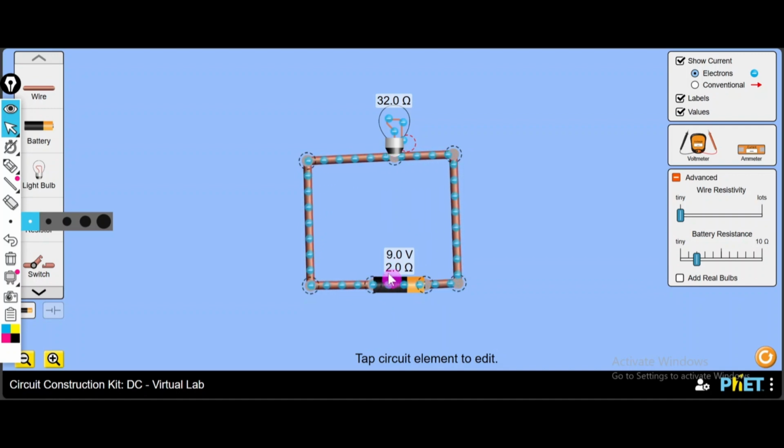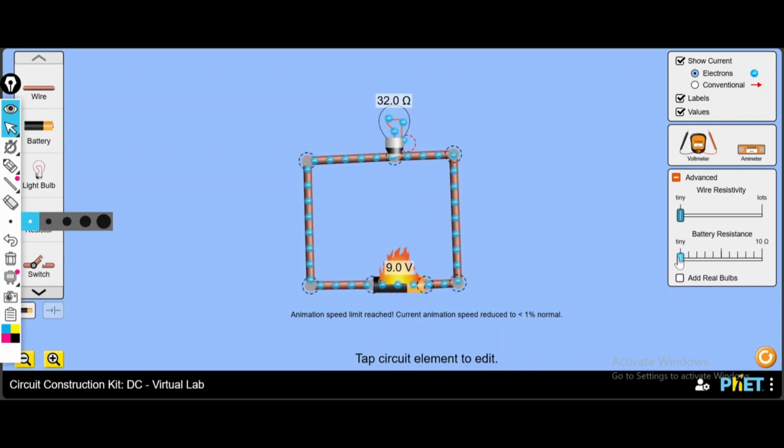Due to that 2 ohm internal resistance, the current flow in the circuit has reduced. If I further increase the internal resistance of the battery, then the current will be reduced, and if I reduce this internal resistance, then this current will be more. For the ideal battery, this internal resistance will be zero, and more current will flow through the circuit.